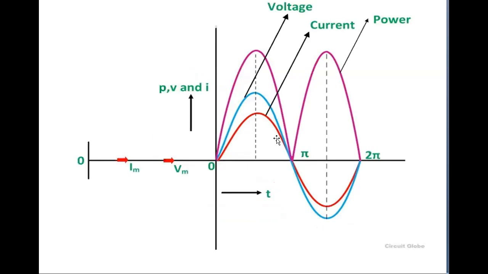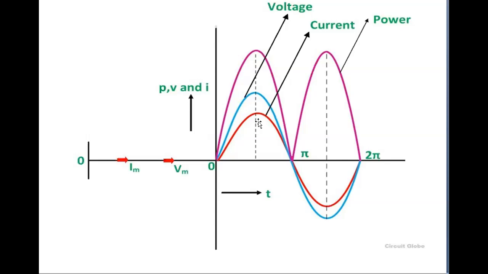So here this indicates the current, and this sky blue waveform indicates the voltage, and this waveform indicates the power. That means what it's showing here is Vm is greater than Im. That means the maximum voltage value is greater than Im.